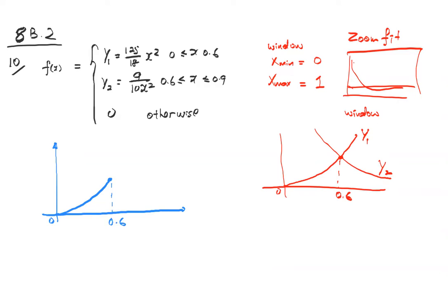Then after that, I will do this way around. So I know that this is my y1, and this is my y2. And I stop at 0.9. The rest is 0. So that is how the graph goes. Are you okay?